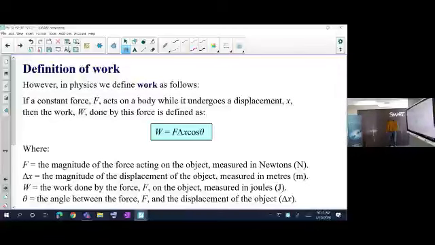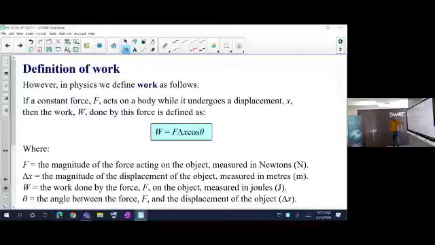Then the work is going to be denoted by capital letter W, done by this force, and is defined as follows. This equation here is a mathematical equation. You are going to come across this at the end of the year, at the back of your question paper.